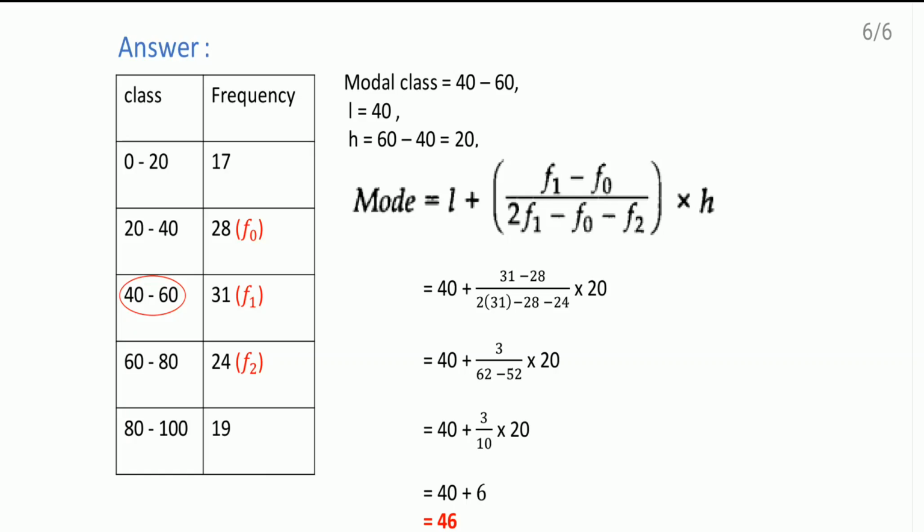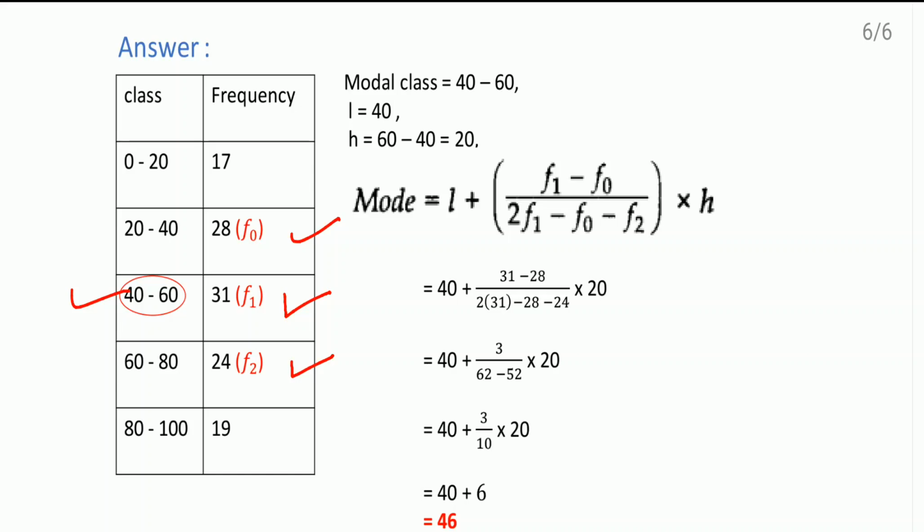Out of all these values, which is the biggest value? 31, correct? So this one is the modal class. In this class, the frequency 31 is coming. That's the reason I have written this frequency as F1. F0 is the frequency of the preceding class, and this one is the frequency of the succeeding class. Here itself you can mention it, no problem.